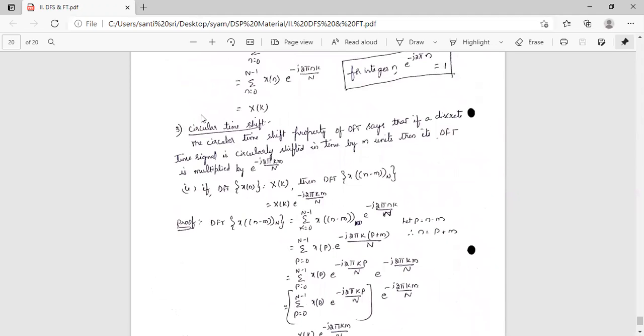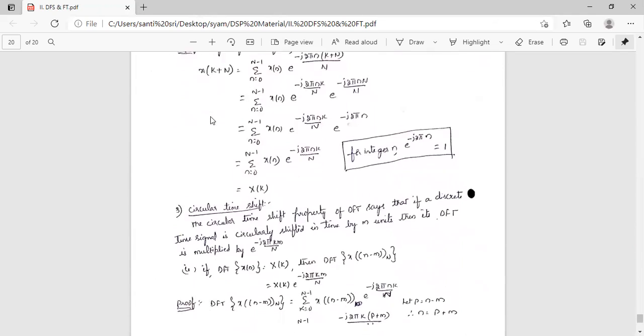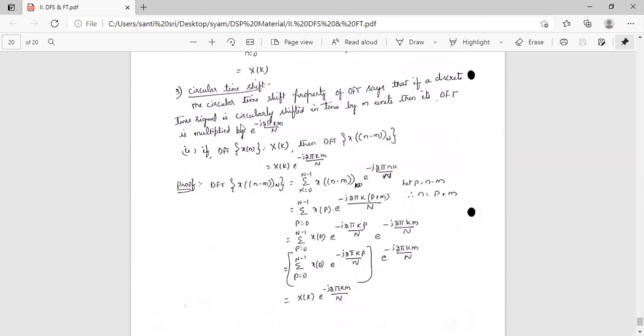Okay. So next, circular time shift. Third property, circular time shift.